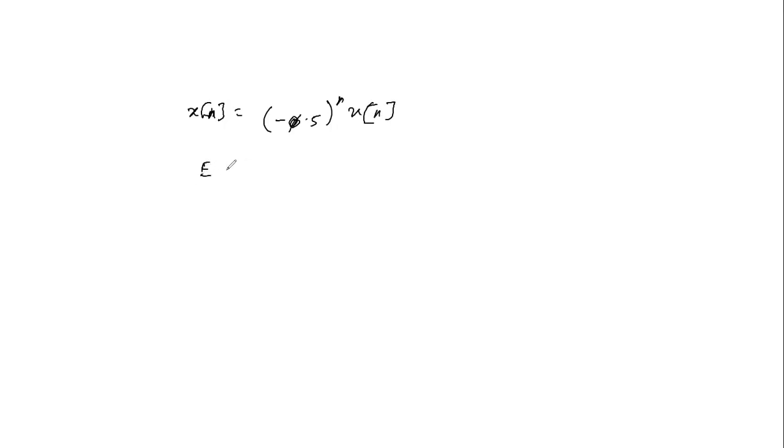Once again, since it's a discrete signal, we replace the integration with summation, because we're dealing with discrete values. For continuous time signals, since they're continuous, we integrate over the limit.